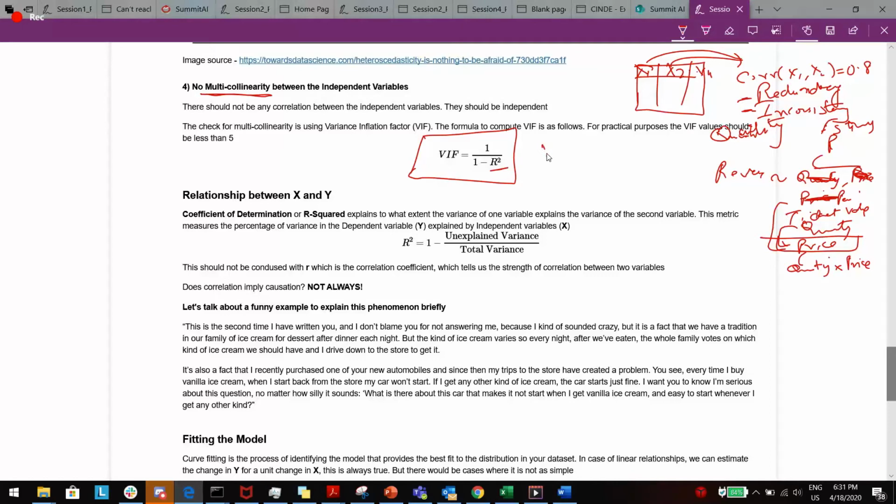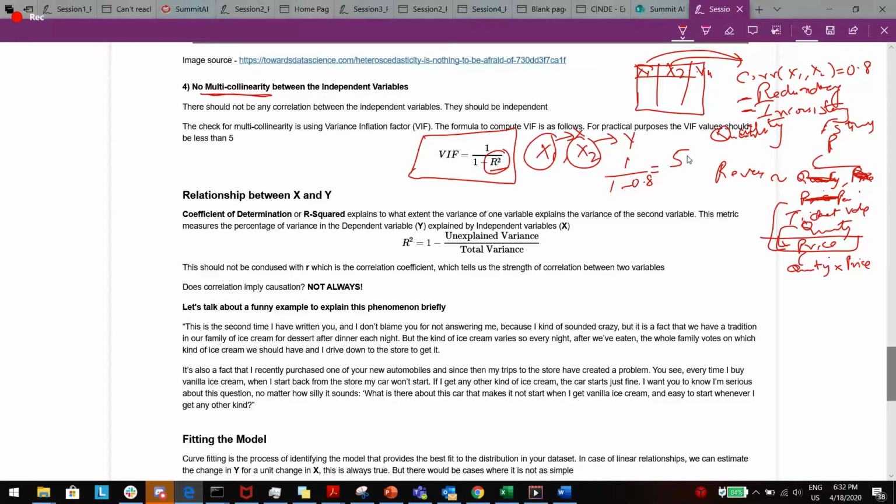Say you have two independent variables x1 and x2; if you consider one of these as your dependent variable and the other as the independent variable, and find R square, this is the R square I am talking about. For example, if between the two variables the R square is 0.8, VIF will be nothing but 1 divided by 1 minus 0.8, which is 5.